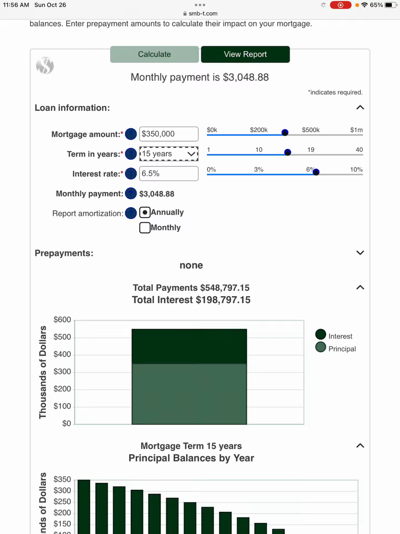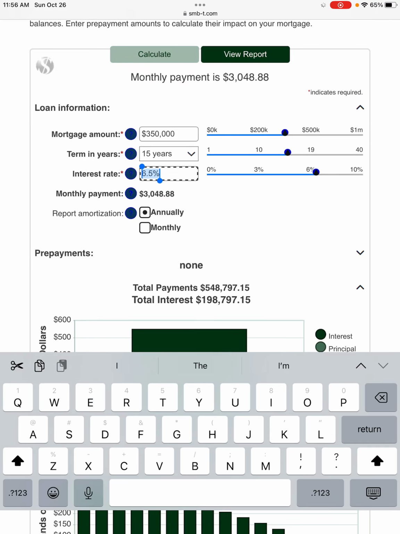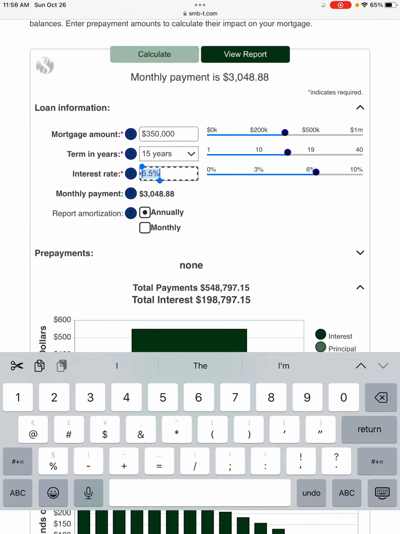But the great part is, remember I was paying over $400,000 in interest? I now pay only $200,000. I cut my interest in half. And so if I can swing the $3,000 a month, it's definitely to my advantage. Often with 15-year mortgages you get a lower interest rate. It's not drastically less, but it is always less.